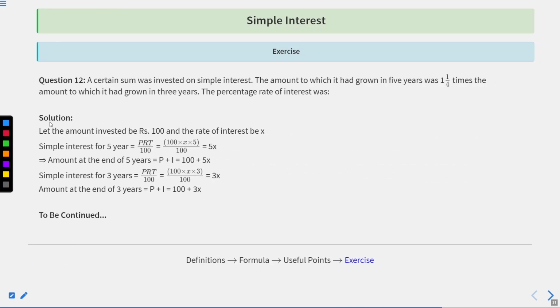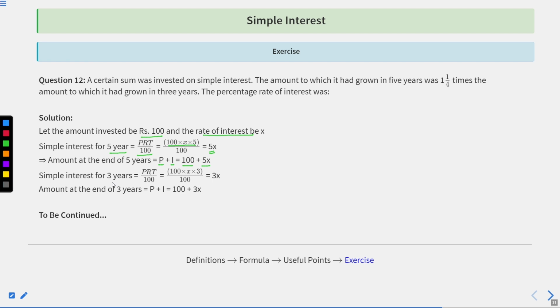So the solution: let the amount invested be rupees 100 and the rate of interest be X. So the simple interest for 5 years is equal to principal into rate into time upon 100, that is 100 into X into 5 upon 100, that is 5X. This implies that the amount at the end of 5 years is principal plus simple interest, that is 100 plus 5X.